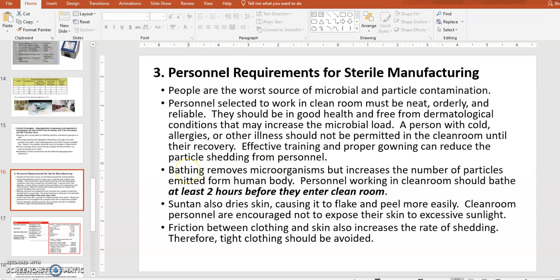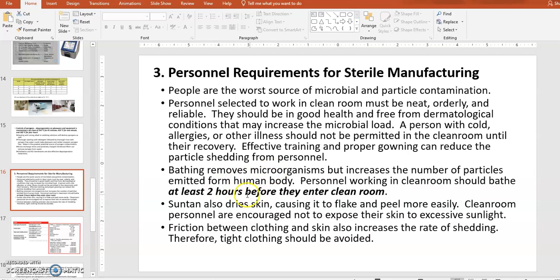And how about taking a shower or routine cleaning of individuals, hygiene requirement? Yes, they need to take a shower daily. I mean, hygiene is kind of common sense, but the shower should be taken at least 2 hours before they enter the clean room, because after taking a shower, when your skin dries up, you tend to shed more.